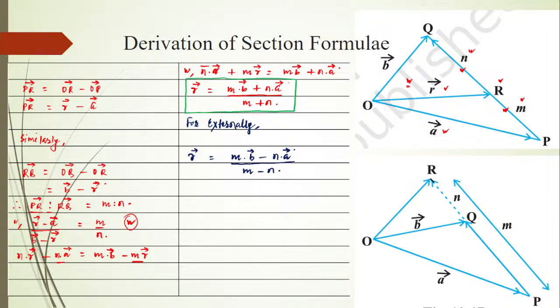So these are the derivations of the section formula in two cases: in the case of internal division, or internally, and in the case of external division, or externally. I hope there is no problem understanding the derivation of internally and externally.